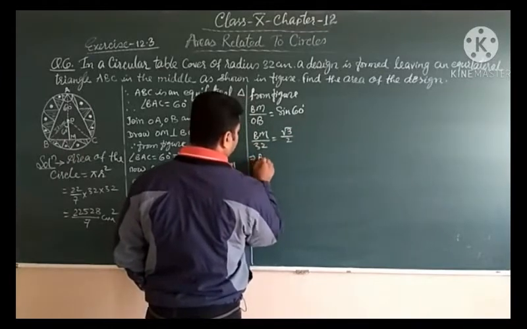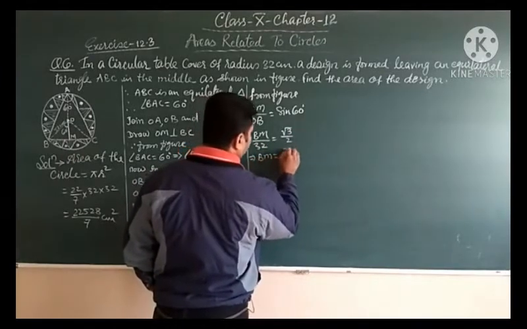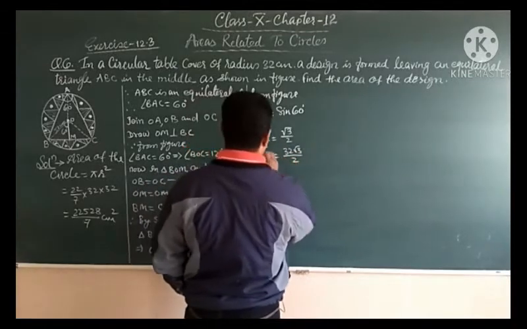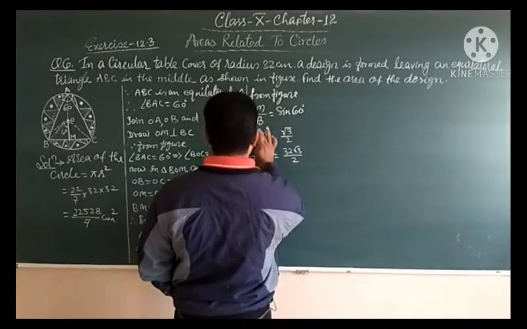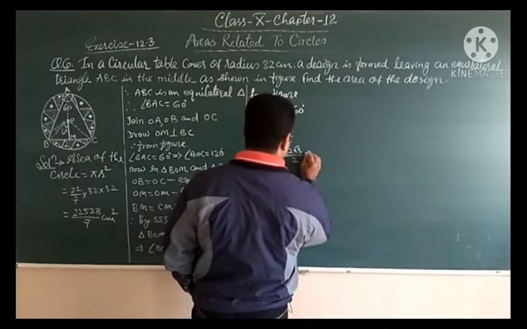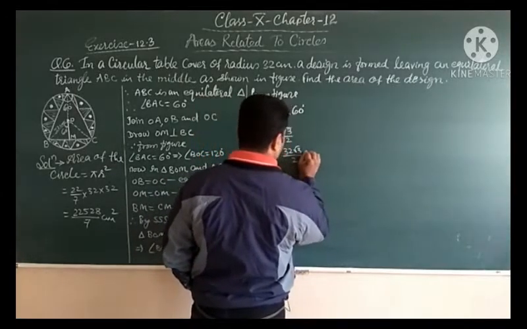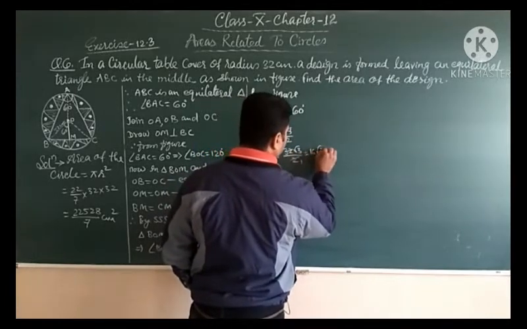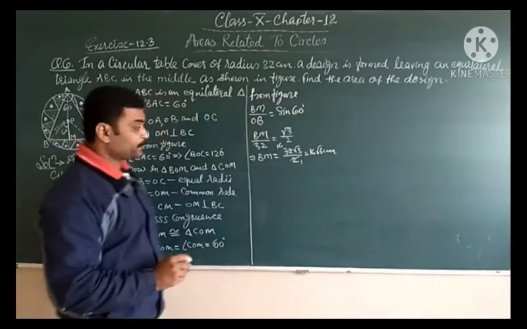This implies BM is equal to 32 root 3 by 2, which is 16 root 3 centimeter.